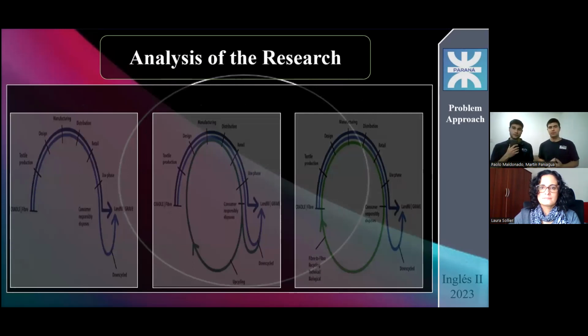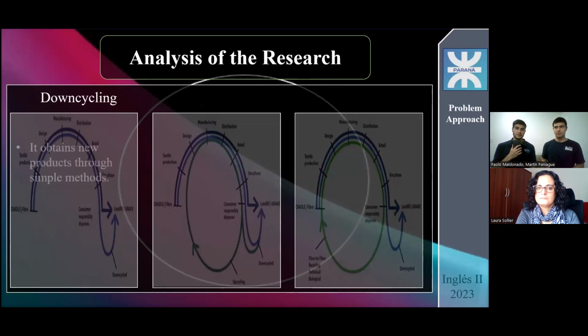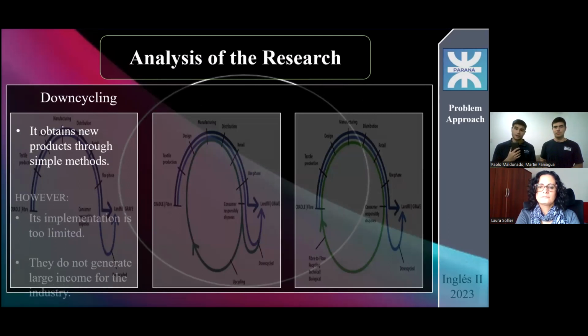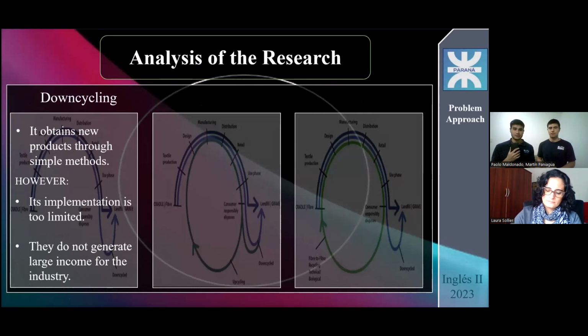According to the information analyzed around this paper, the following advantages and disadvantages have been obtained. Downcycling provides a simpler method to convert discarded textile products into new products. However, this does not generate a large income for the industry.